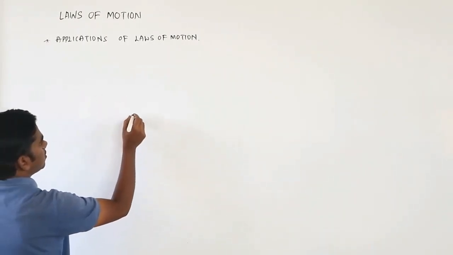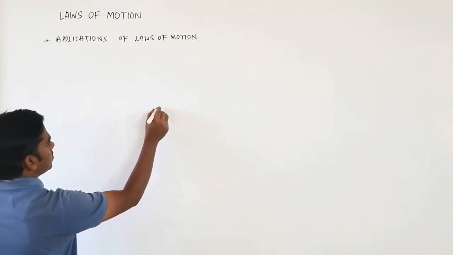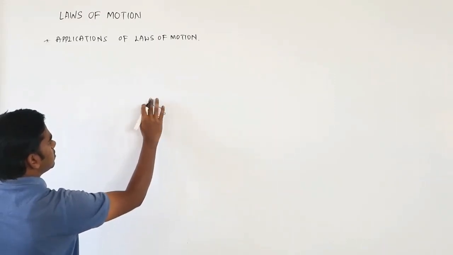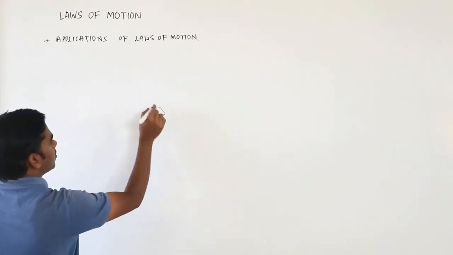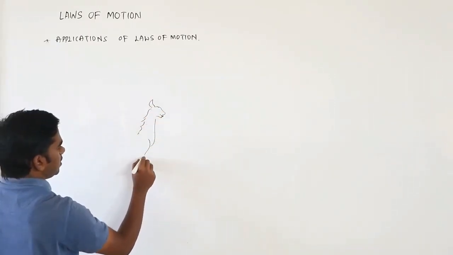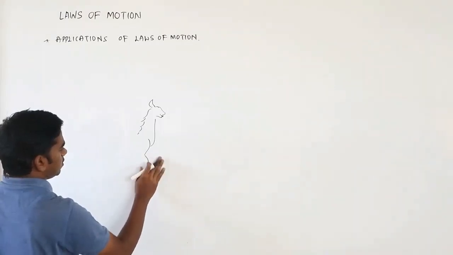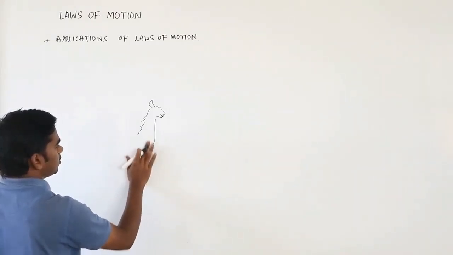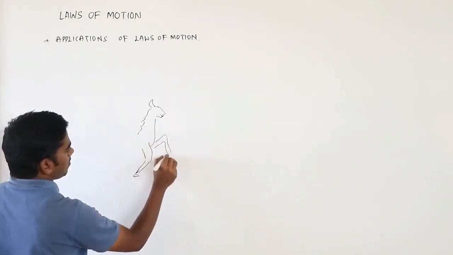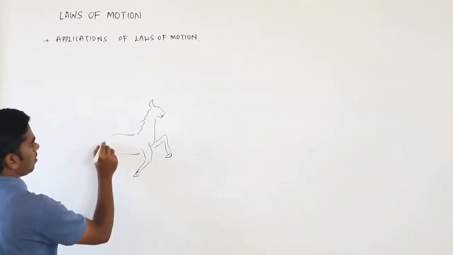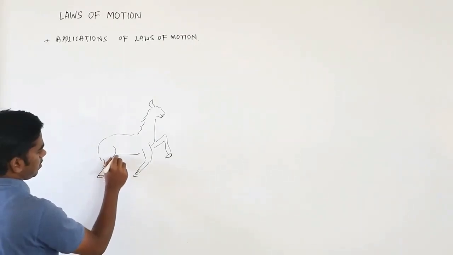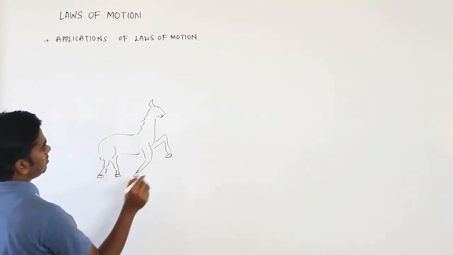Okay, so for that, let me take an example. Let me draw the horse and cart if possible. I think that this is a horse.